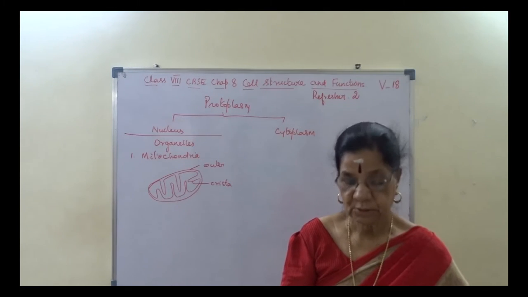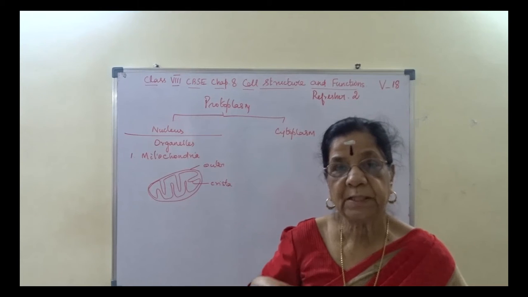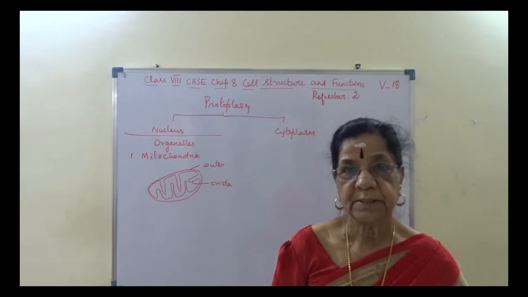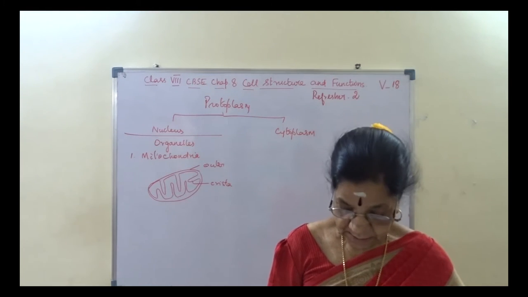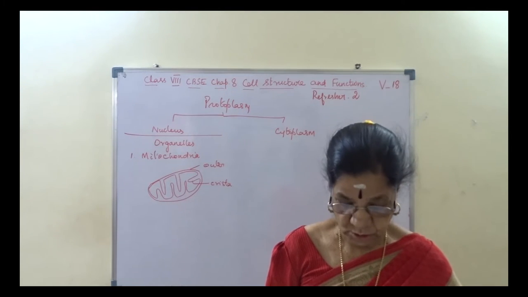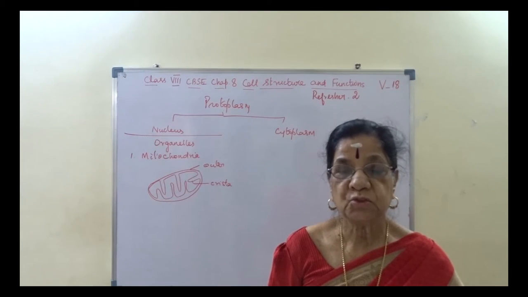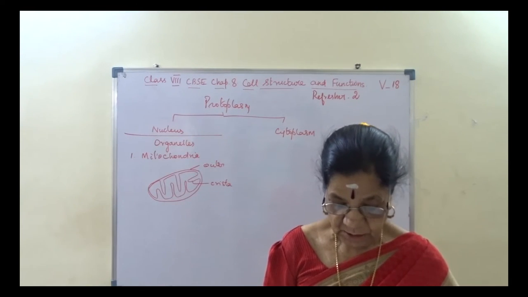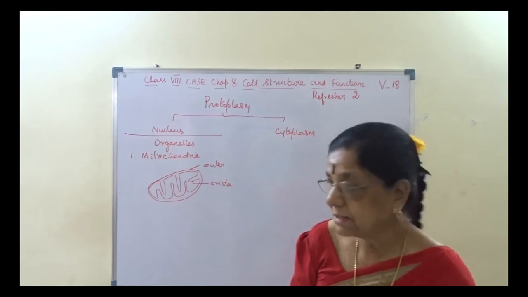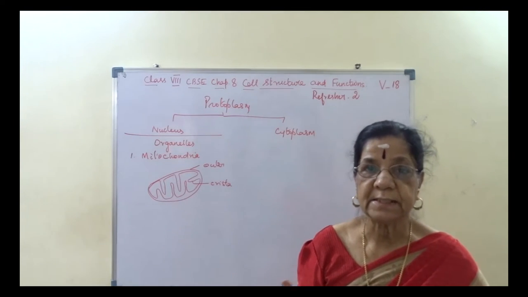What I said, mitochondria: all living cells receive their supply of energy with the help of mitochondria. They are very often referred to as the powerhouse of the cell, and they are cylindrical or more or less oval in shape, bound by two membranes, outer and inner.